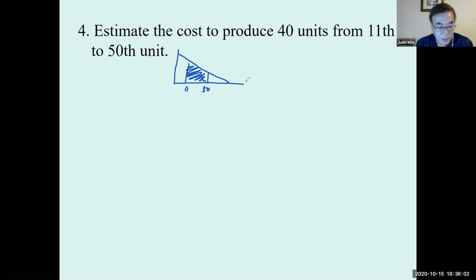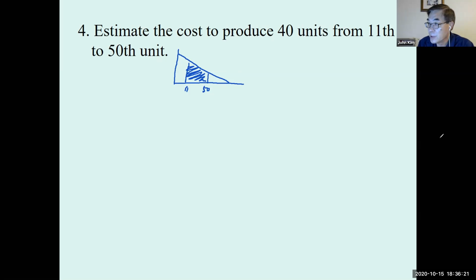Because the chart, the cumulative improvement factor chart, gives us from 1 to that designated number.